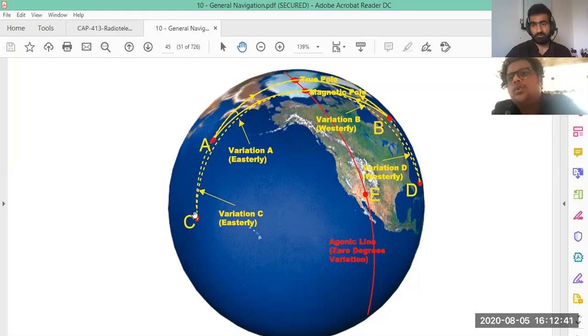So the angular difference between true north and magnetic north, the value of variation for A is different compared to the value of variation for C.